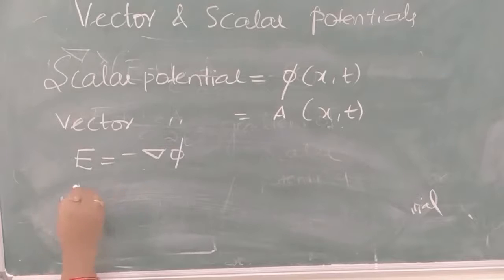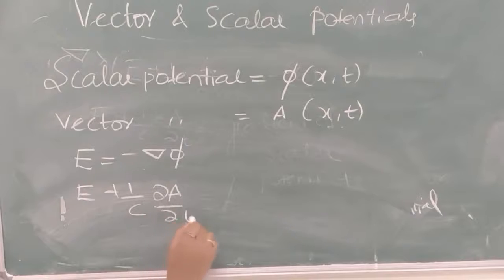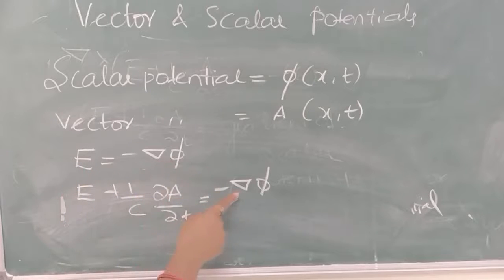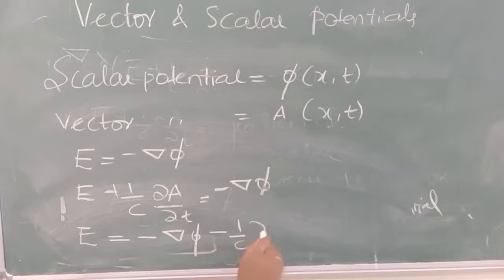Now I am taking E plus 1 by c dou A by dou t is equal to minus del phi. What am I doing? Equating this term to the gradient of the scalar. So now make this term go to that side. E is equal to, if it goes to that side, minus del phi minus 1 by c dou A by dou t.